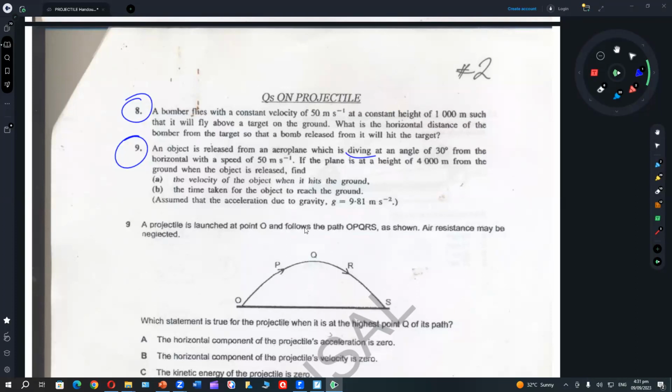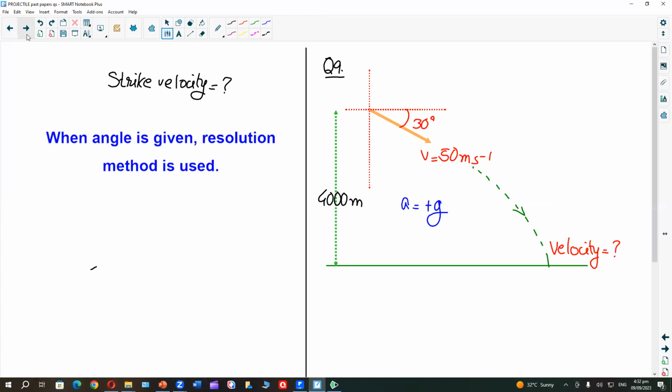So now read the question. Let's model this question because it's a paper 2 question, so it will be better if we can model it like a diagram.